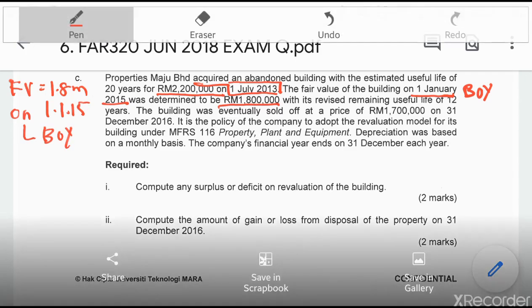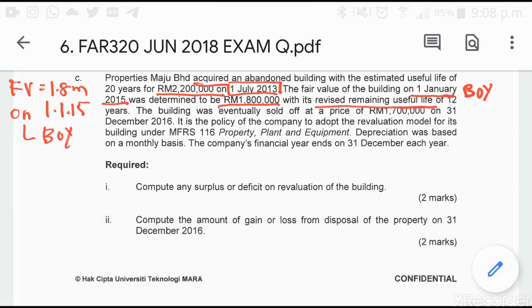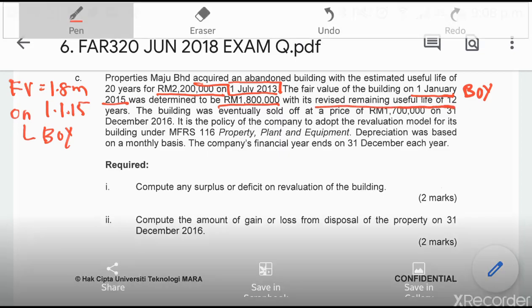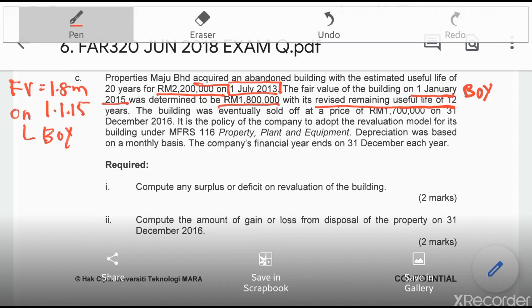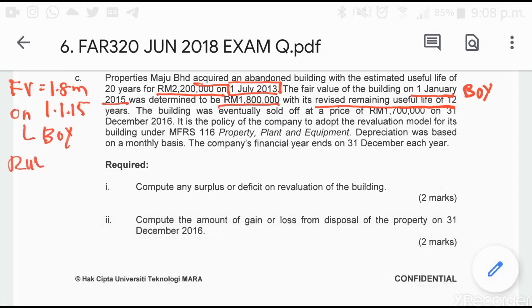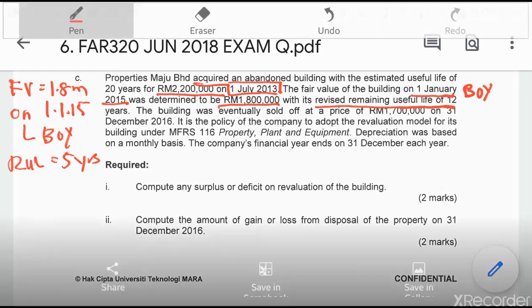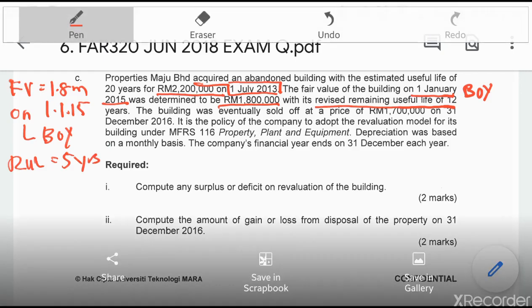You need to make sure of the date, because sometimes it can also happen somewhere in the middle of the year, or at the end of the year. And on that date, they revised the remaining useful life to be 12 years. So the RUL on that date is 5 years. If you compare with the RUL in 2013, it was 20 years.